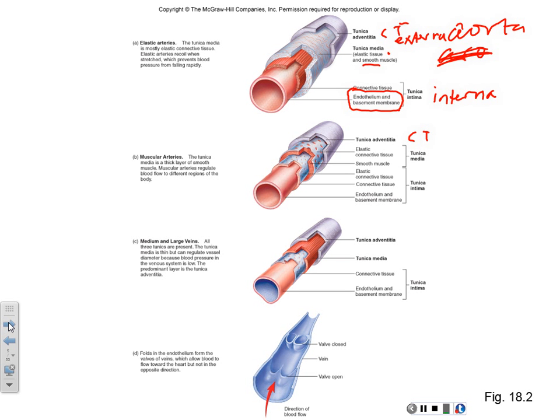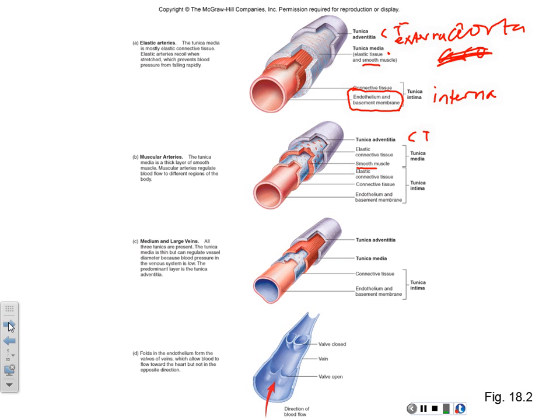Here we've got more elastic tissue because what we're trying to do is recoil back and push the blood. And here we have more muscle because we're trying to tone it down and maintain the pressure a little bit in the muscular layer. So the muscular layer is a little bigger than the elastic, but you still need that elasticity to come back down.